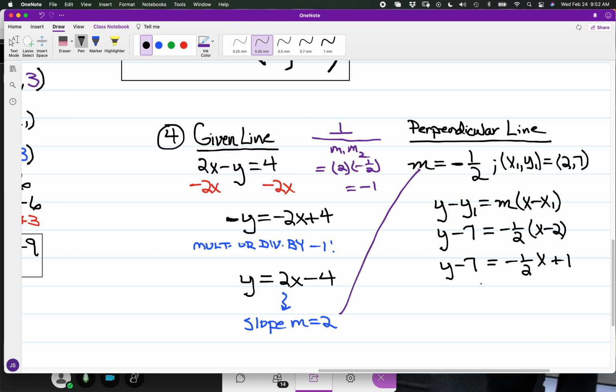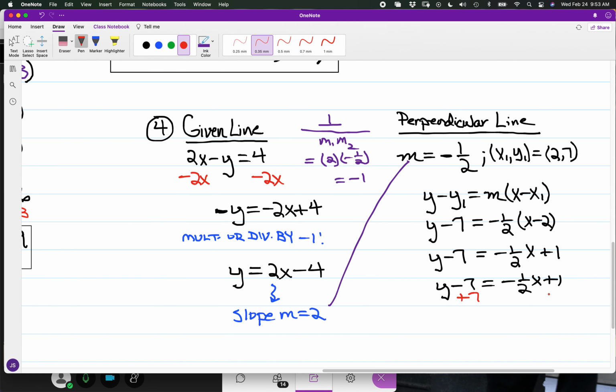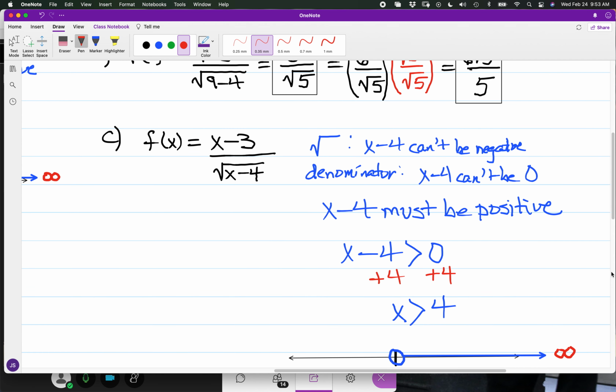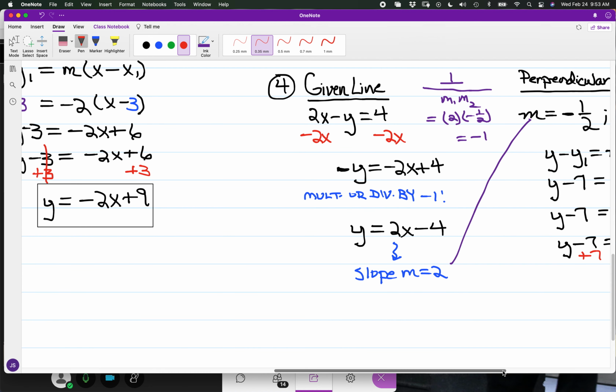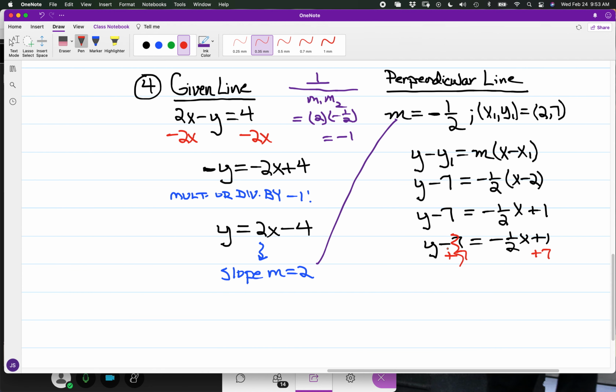Upon isolating the y term, we're going to add 7 to both sides of the equation. Upon getting y by itself, we have that y is equal to negative 1/2 of x plus 8.